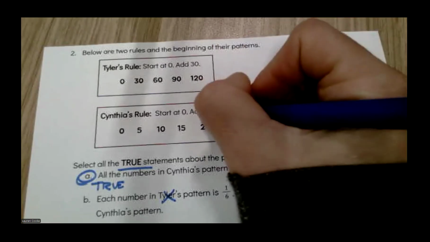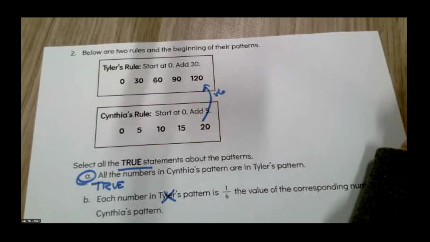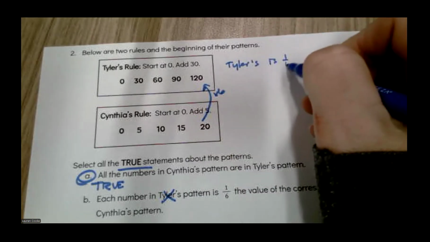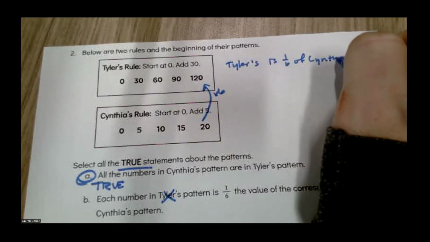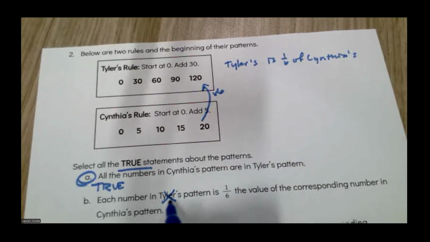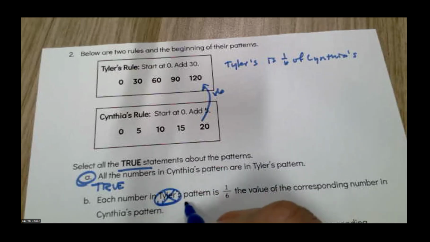So it's times 6 this way, or Tyler's is 1/6 of Cynthia's. Okay, each number is Cynthia. Oh, wait, no, then this is right. Hold on. In Tyler's pattern, yes. Oops, yes.